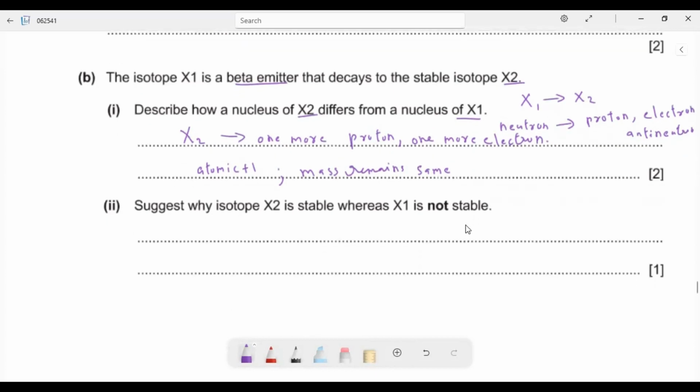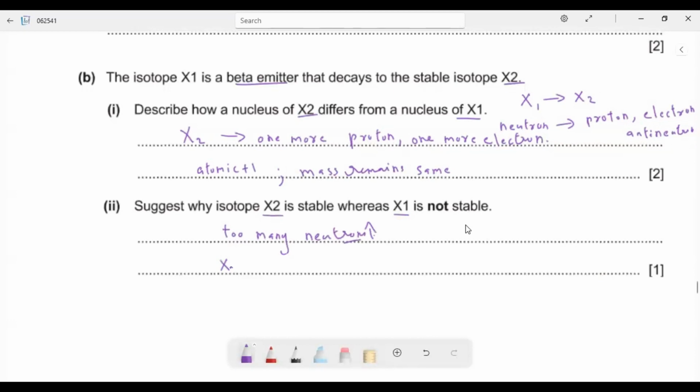Suggest why isotope X2 is stable whereas X1 is not stable. X1 is actually unstable due to too many neutrons in the nucleus compared to the number of protons. Comparing the number of protons, the amount of neutrons is more.